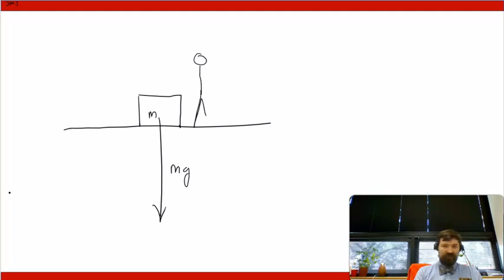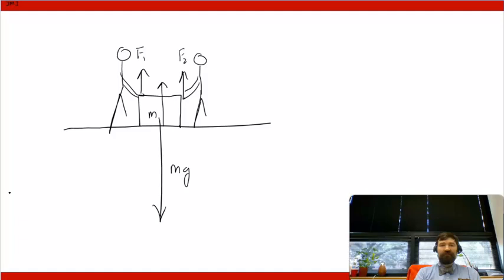So maybe it's no longer on a table but is on the ground. So we're lifting up, we're lifting up. So this would be like F1 and F2 from me and from my friend. Well, the normal force then will only be more like this rather than the full length of the gravity.